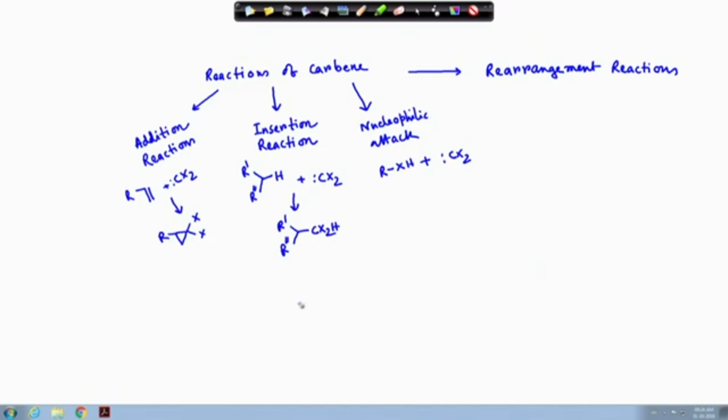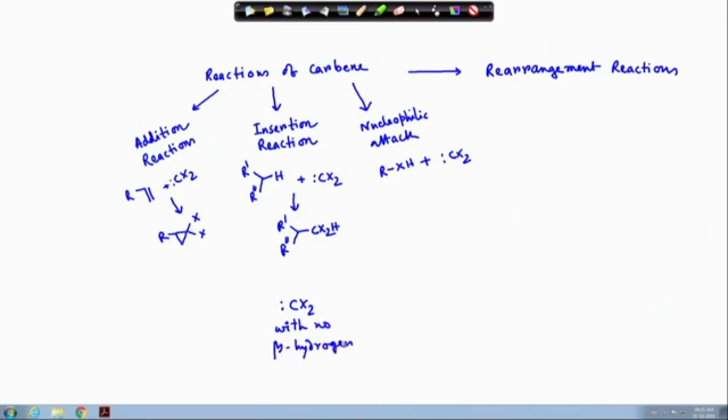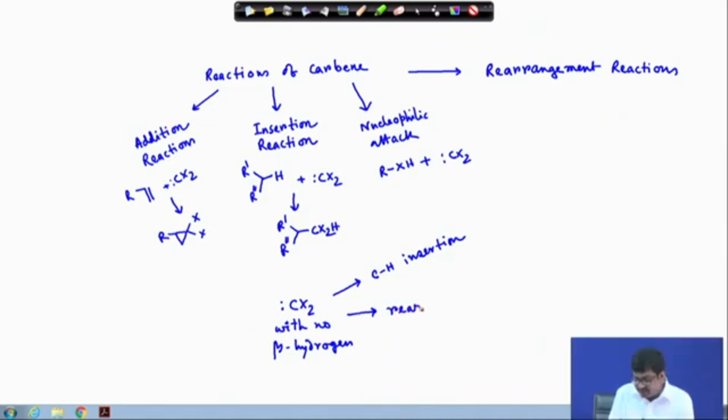So, if we have this carbene with no beta hydrogen, then there is high possibility of CH insertion. Additionally, this can proceed with rearrangement reaction.